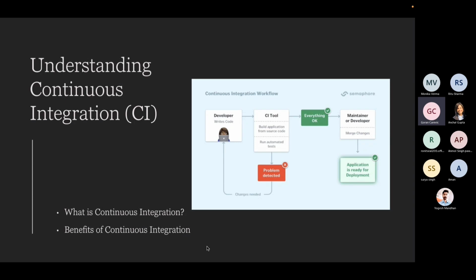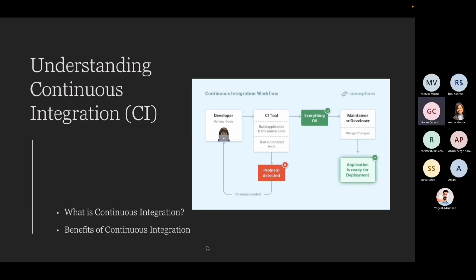It will improve software quality as bugs and errors are caught early on in the development process. And it will reduce manual errors as the build and testing process is automated. And finally, it will increase collaboration and communication among team members as they have access to up-to-date code and can quickly identify any issues that need to be addressed.